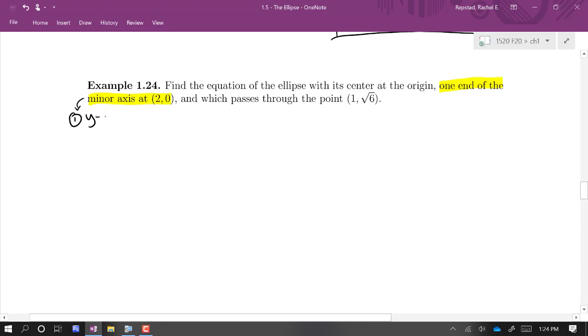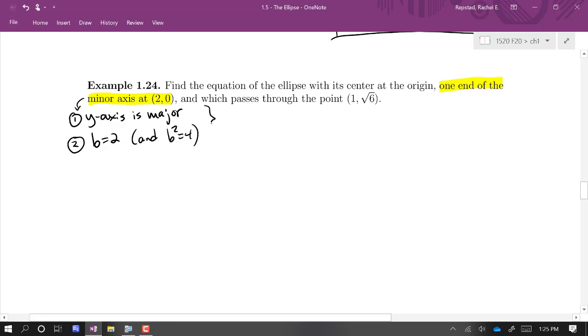One, it tells us that the y-axis is the major axis. Because the end of the minor is on the x-axis, so the y-axis has to be the major axis. And the end of the minor is at (2, 0), so it tells us that b is equal to 2. And so b squared is 4.